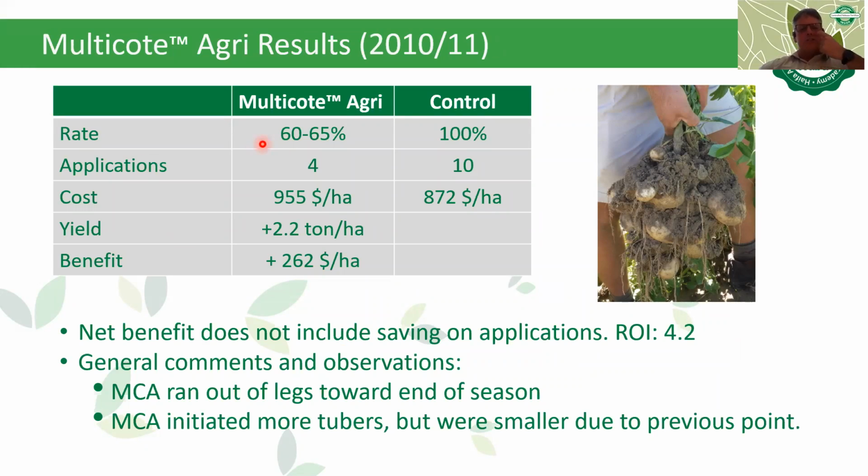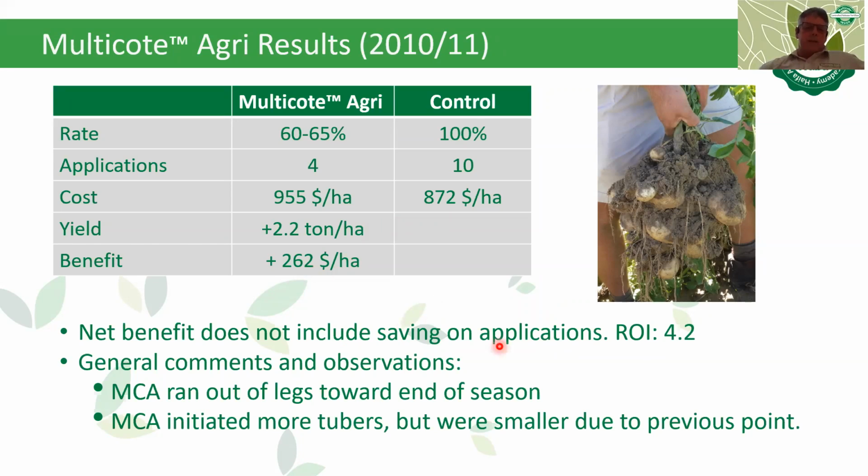We applied 60 to 65% of the nutrients supplied by their control, in 4 applications as opposed to 10. We then looked at the costs of the fertilizer, and we were sitting at $83 a hectare more, which, if you consider the 2.2 tons, we still had a benefit of $260 per hectare.